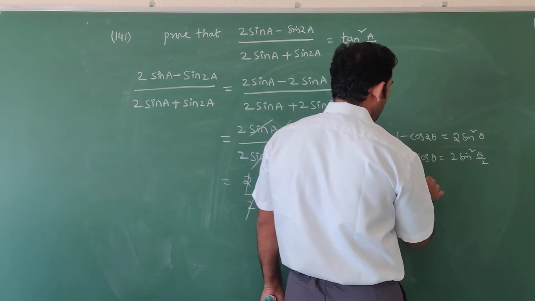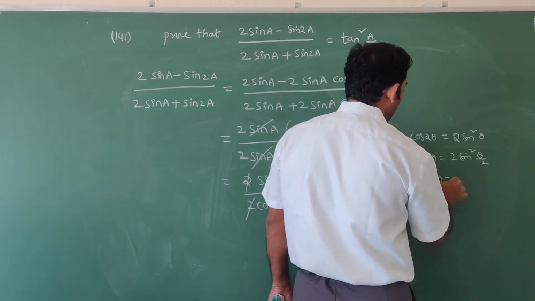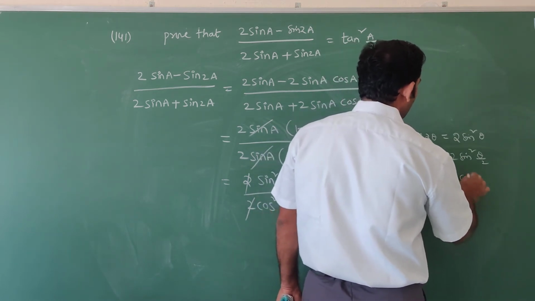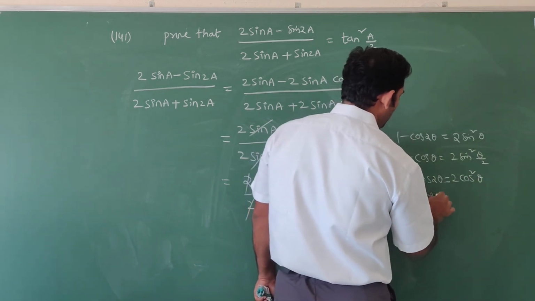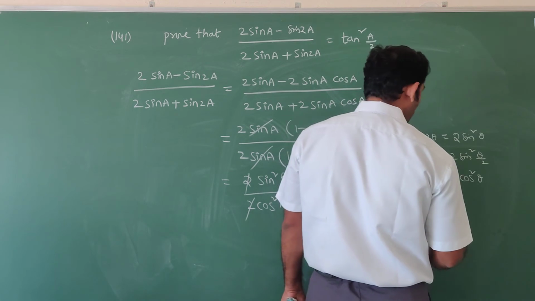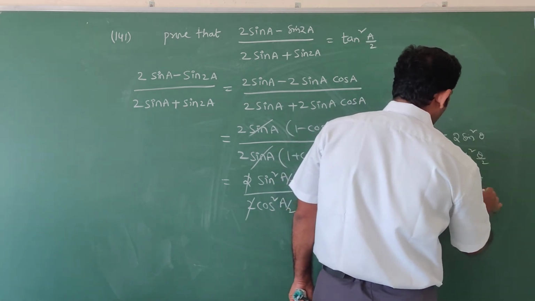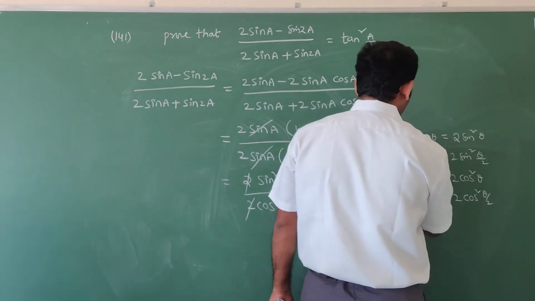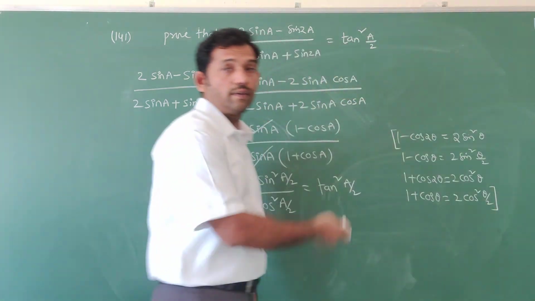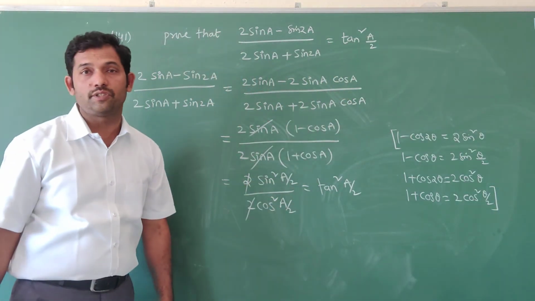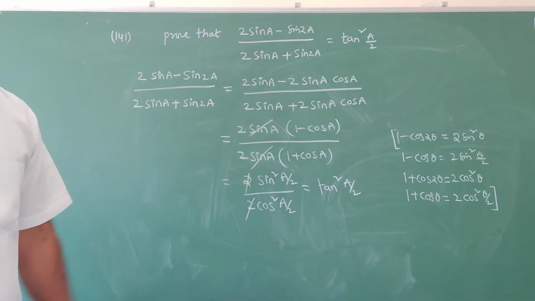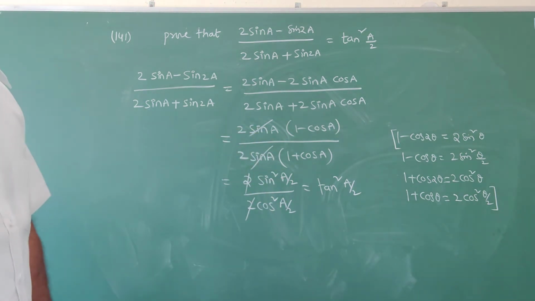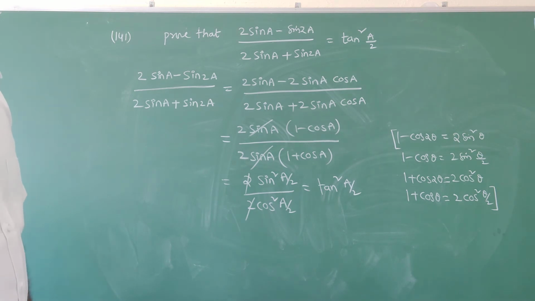And 1 plus cos 2 theta equal to 2 cos square theta, so 1 plus cos theta equal to 2 cos square theta by 2. So the related formulas I have written beside that problem. Note down fast.